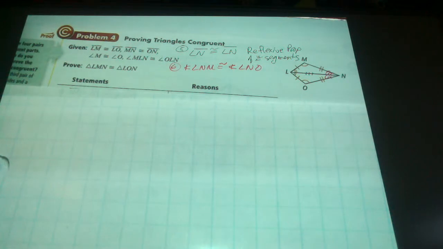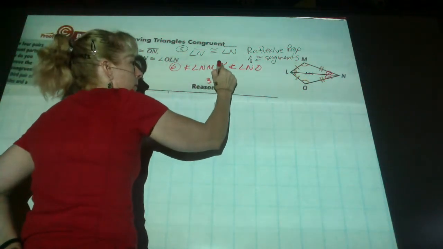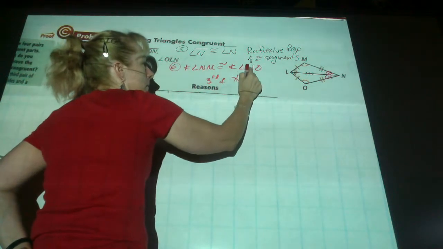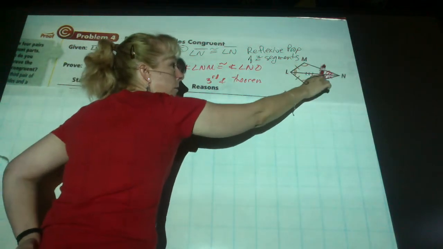Why? So we're going to shorten that up just for our pre-proof planning. That's that 3rd angle theorem. Because you've got 2 angles here and 2 angles here that are congruent, it stands to reason logically that that 3rd angle must also be congruent.